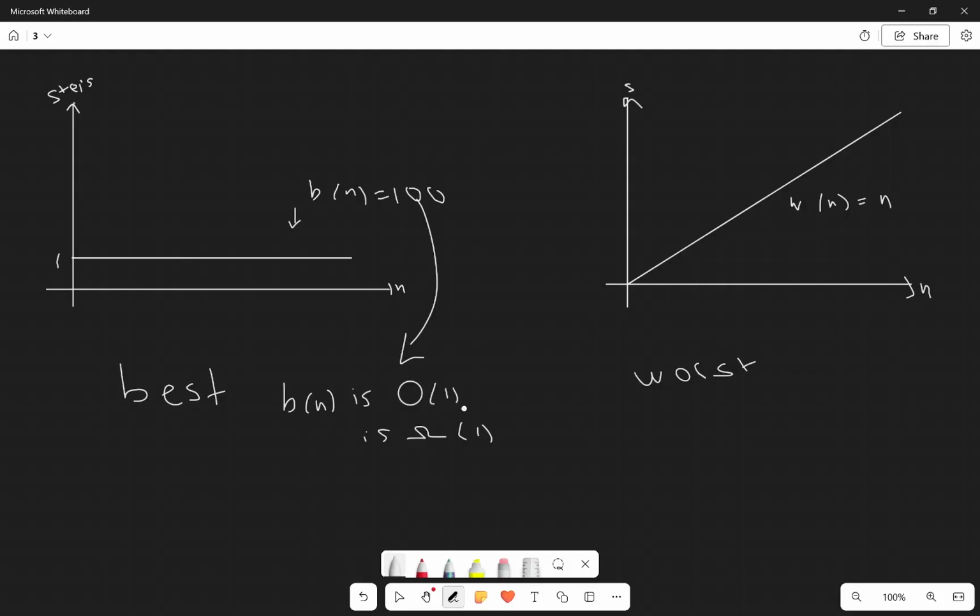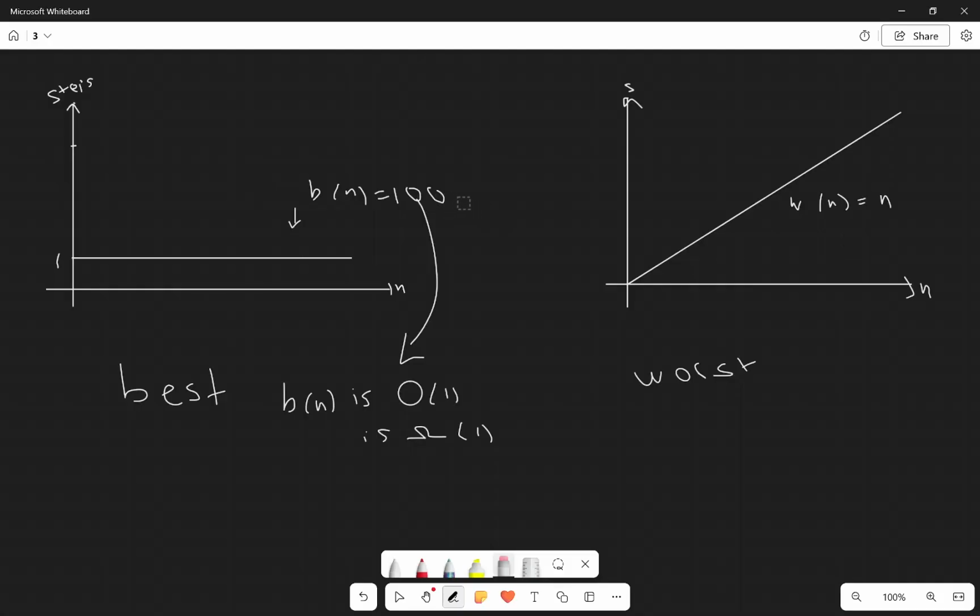Big O of 1 means that the function is a constant. Even if it goes to a value of 200 or 300, I will still use big O of 1 to say the class it belongs to. The point of big O notation and other notations is to find the class a particular function belongs to.